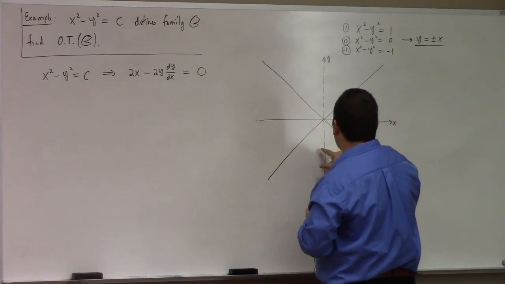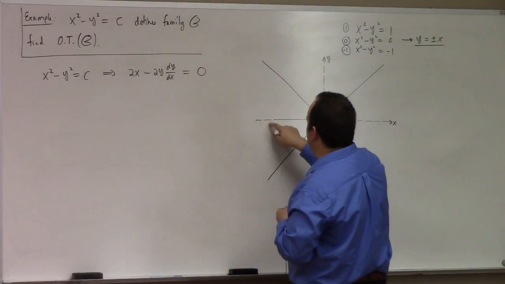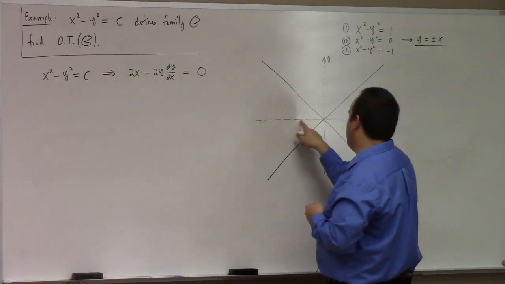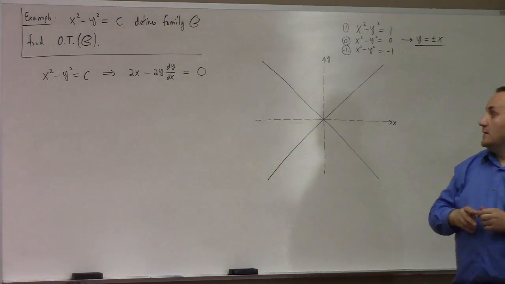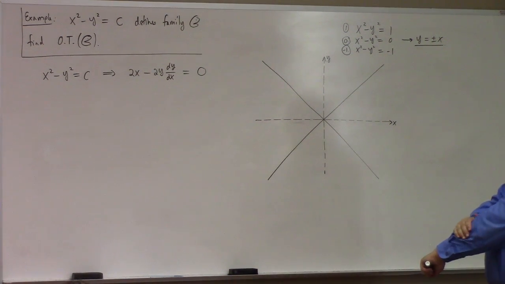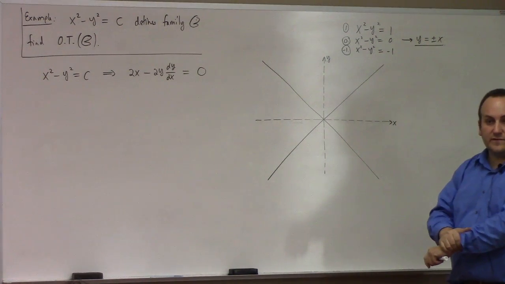I get minus y squared equals to 1, which you just told me has no solution, right? I'm going to dot the axes because I want to emphasize that the axes are not part of the solution I'm graphing, okay? Right, so that means that we don't cross x equals to 0 with the 1 solution, right?